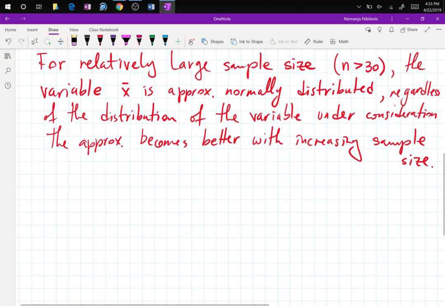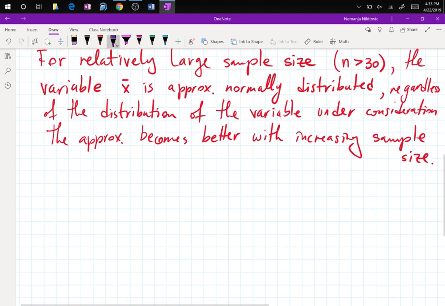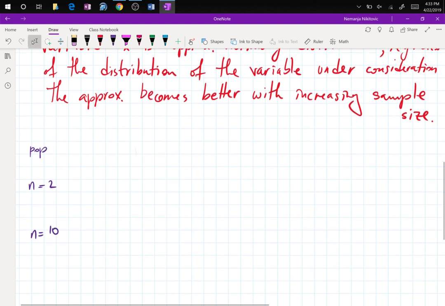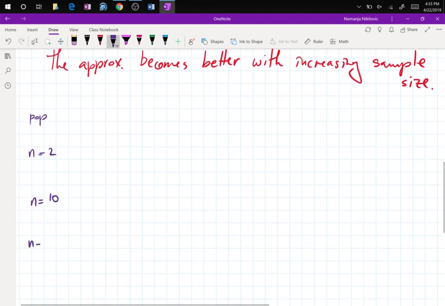Now, just to draw some of these out. So this is going to be population, n equals 2, n equals 10, n equals 30.